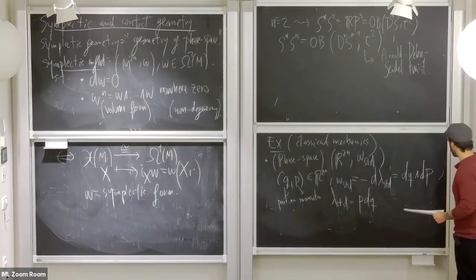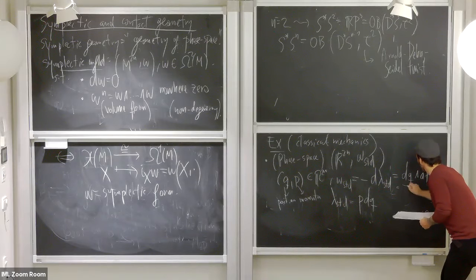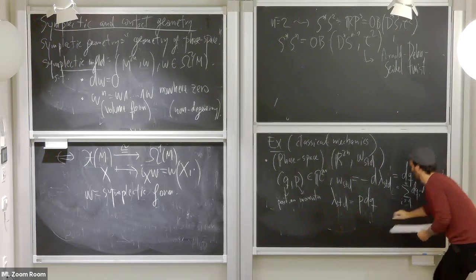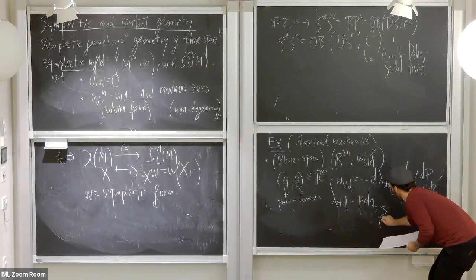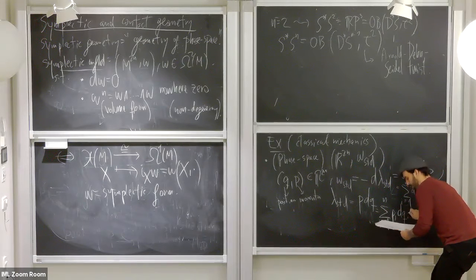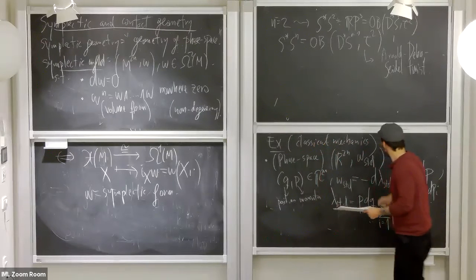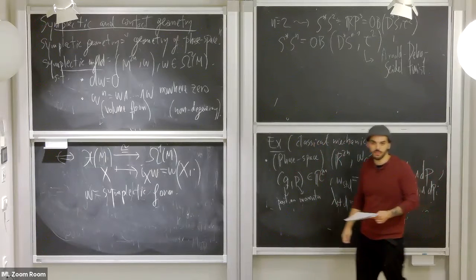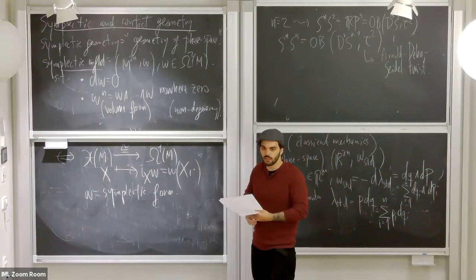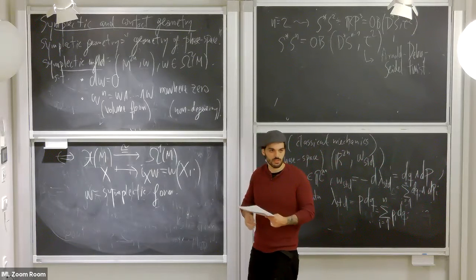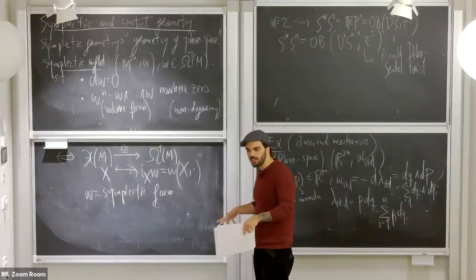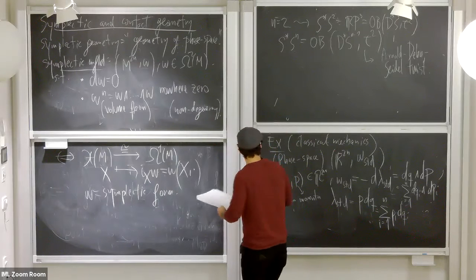This is shorthand notation for the sum from i equals 1 to n of dq_i wedge dp_i, and this is shorthand notation for the sum from 1 to n of p_i dq_i. Let me just mention again that the minus here is a subject of debate in symplectic geometry. All the possible sign conventions have a use in the literature, and it's very annoying. But what you would like to have in the end is the Hamilton equations, which I'll write down now.